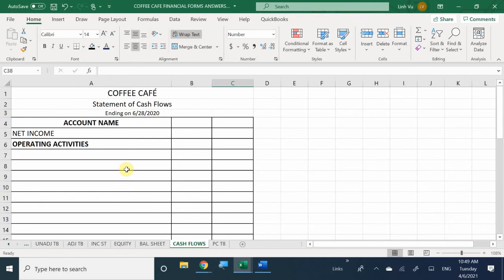So if you were to create your own financial statements for your own business, you may actually compute the statement of cash flows to be able to see how much cash your company is actually receiving. So again, when we create our financial statements, we're creating them on an accrual basis, right? To show our net profit, how profitable our company is.